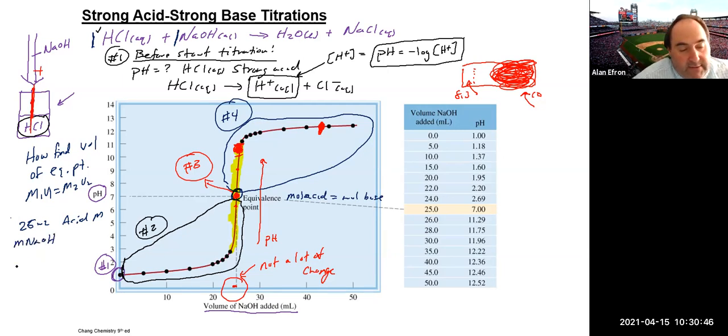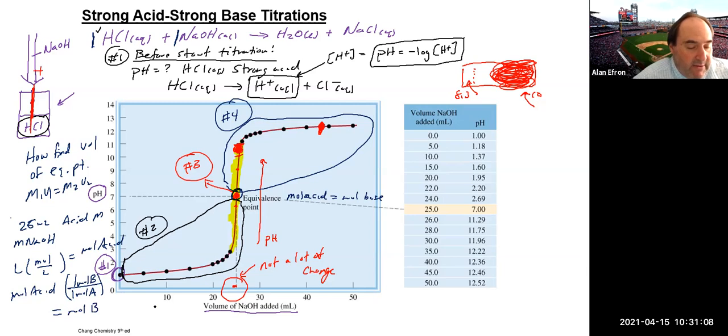You can do a liters times molarity calculation with the acid and get the moles of the acid, and using the moles of the acid and the stoichiometry from the equation, like 1 mole of acid equals 1 mole of the base, that gives you the moles of the base. And since you have the molarity of the base, you can figure out the volume of the base that you would need.